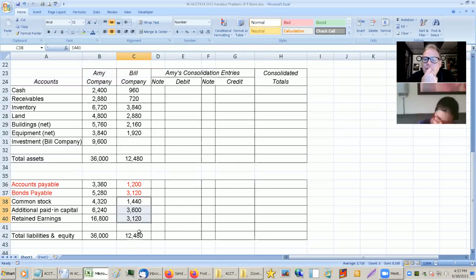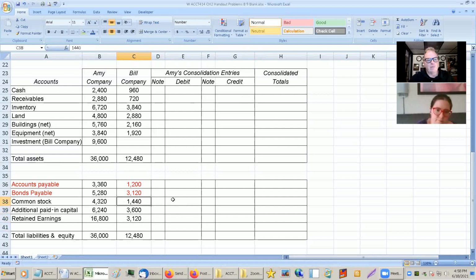But here's a weird thing too: even if it was only at say 55%, you would still take 100% out because you control the whole company. We make adjustments later on for the other people's ownership, but we're not going to get into that now. So anyway, Amy Company and Bill Company have these on the books, all as credits.